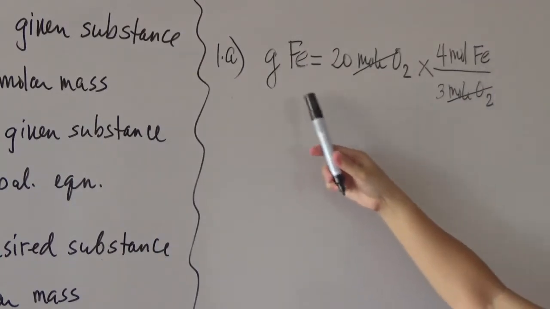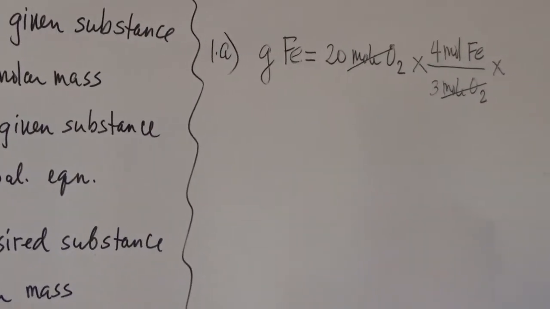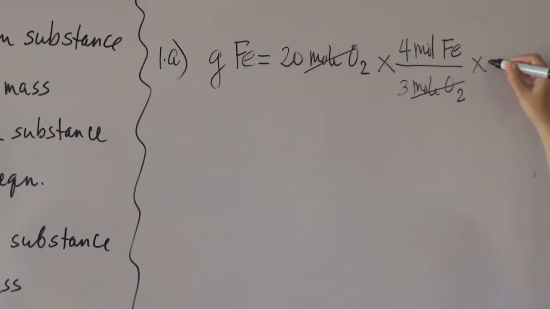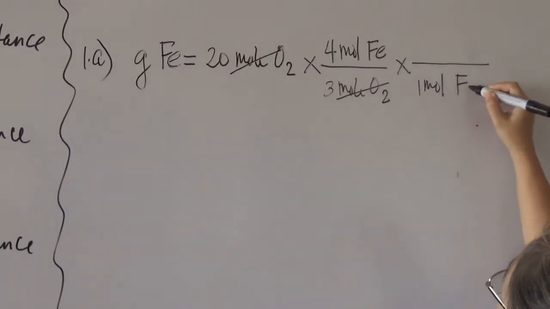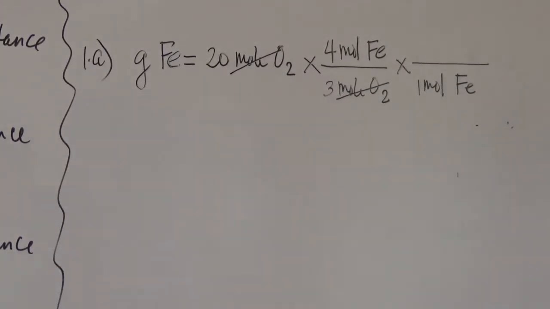But the requirement is grams of iron. So to change from moles to grams, you are going to use the molar mass. So for every 1 mole of iron, that is equivalent to how many grams of iron?